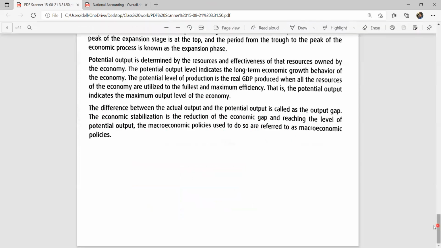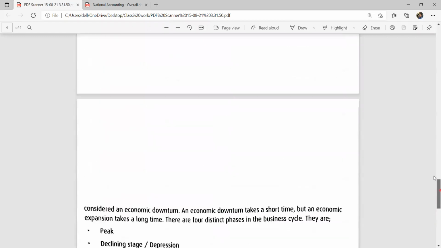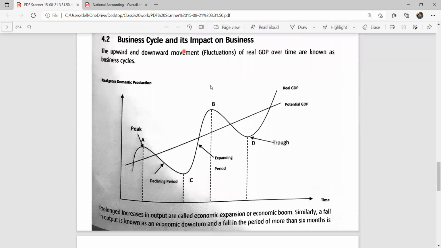So here, gaps, from here to this point. This is called a negative output gap. Actually, we expected a greater level, but really we received lower, therefore a negative output gap. And here a positive output gap.